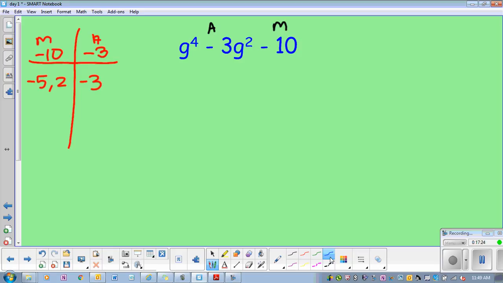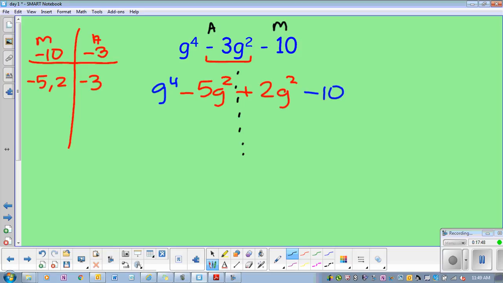Since it's G to the fourth and G squared, I'm going to bring down the first, bring down the last, and I'm going to rewrite this -3G squared using the two numbers that Dylan gave us. Minus 5G squared plus 2G squared. And then divide it in half. G squared times G squared minus 5, yeah?